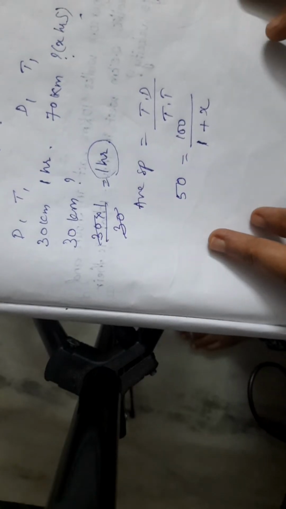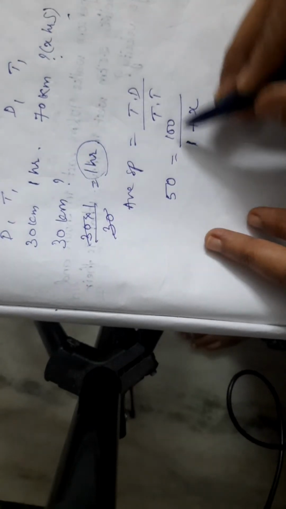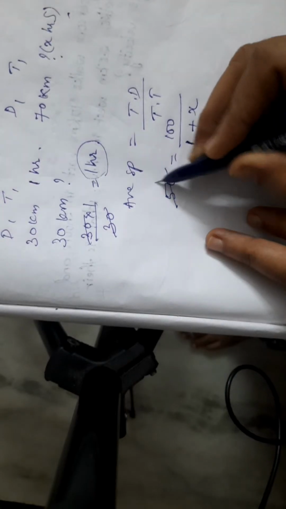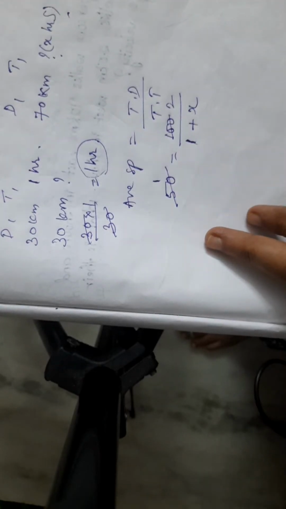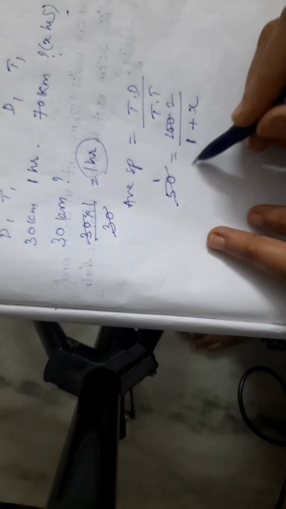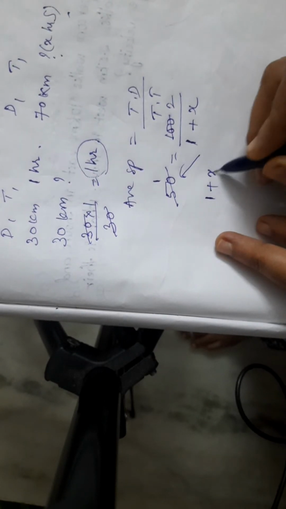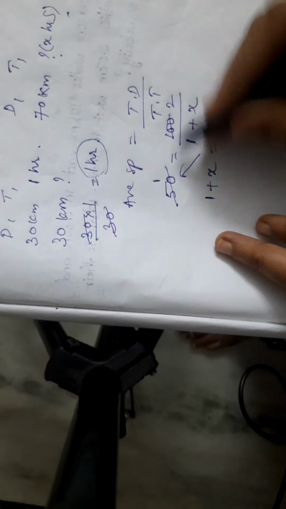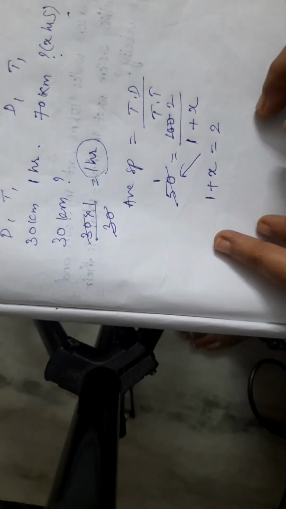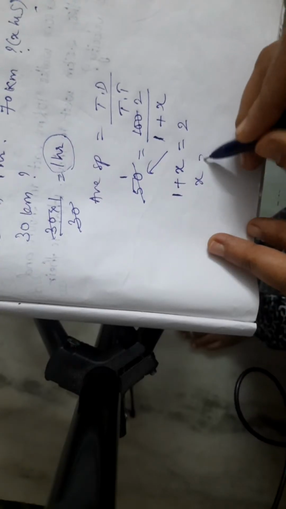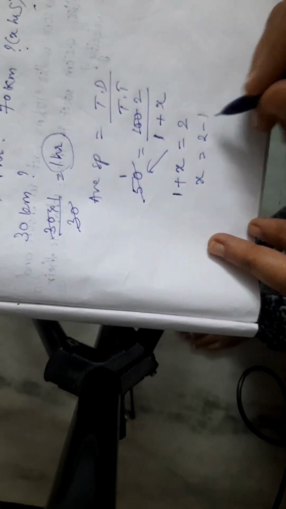So we consider this to be x hours. Now we can have cancellation. 5 ones are 5, 5 twos are 10, so 100. Then cross multiplication. 1 multiplied by 1 is 1 plus x is equal to 2. So this we had cross multiplication. This x is 2 minus 1.